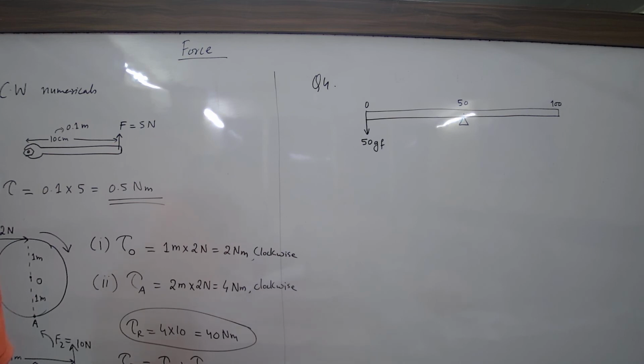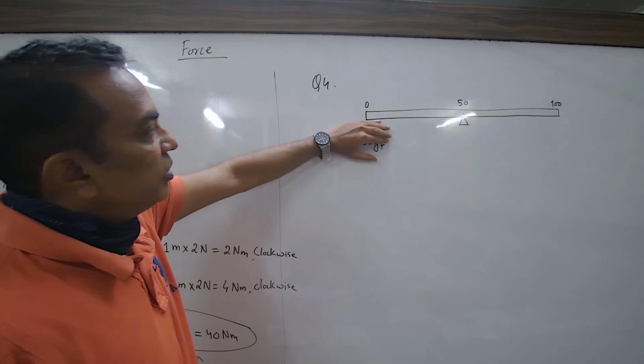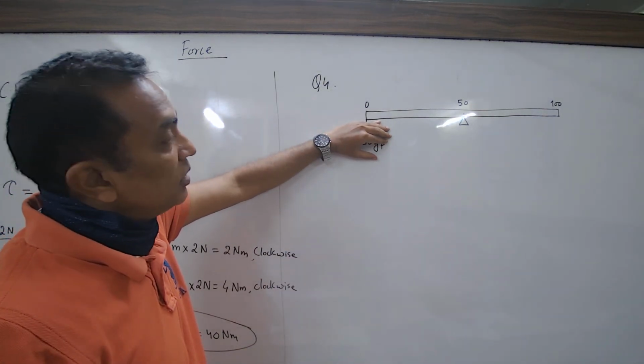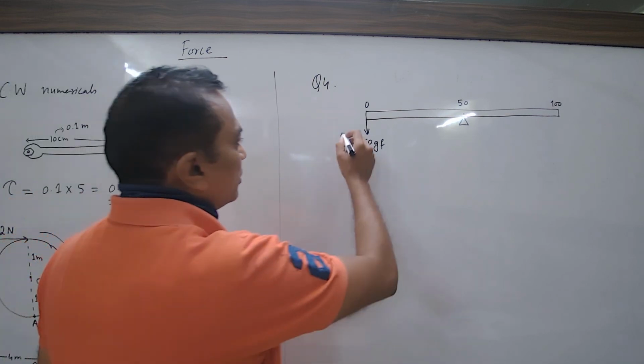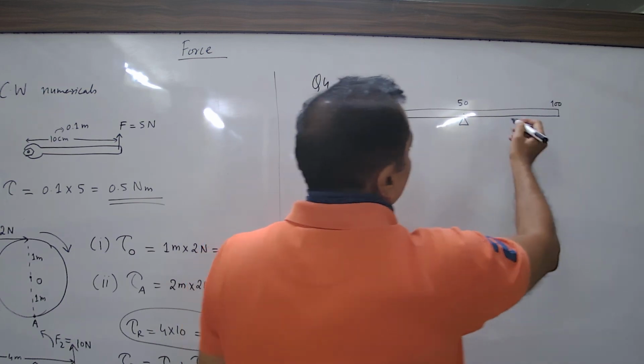Where should the weight of 100 gram force be suspended to keep the rule horizontal? That means to keep the rule in equilibrium. So without the weight it was balanced because it was at the CG. Now when you put this weight, obviously it will turn on this side. So I have to balance it, I have to hang the weight somewhere here.